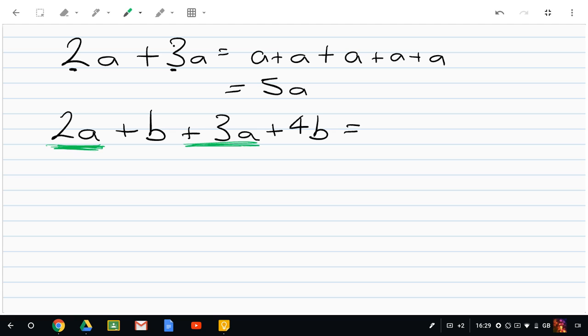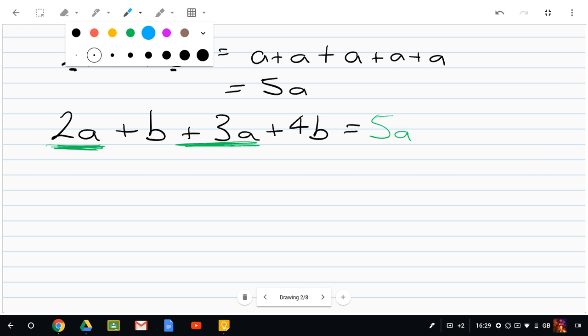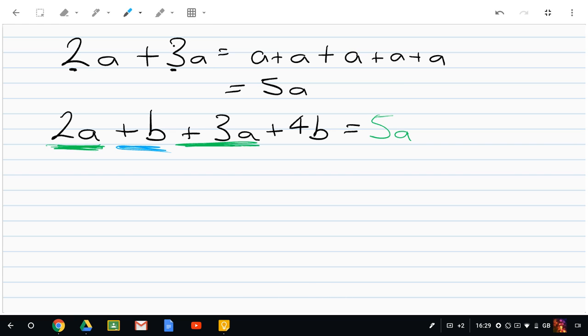So 2 A's plus 3 more A's is 5 A's, just as it was previously. And my other pair is B and 4B. Remember, this B here is 1B, but we just don't write that one. So 1B plus 4B equals 5B. Okay, it's positive, so we put a plus sign there.